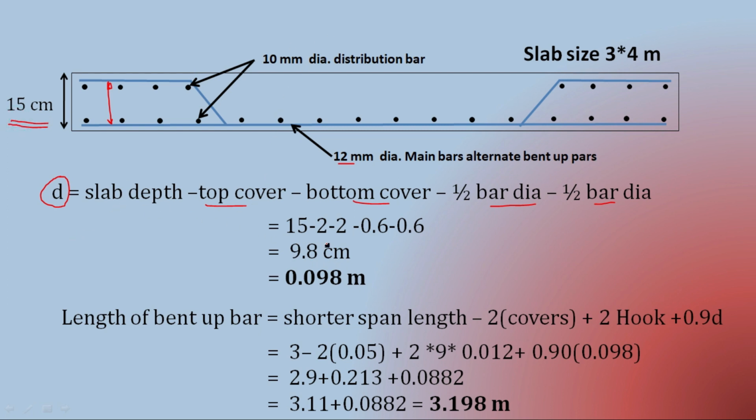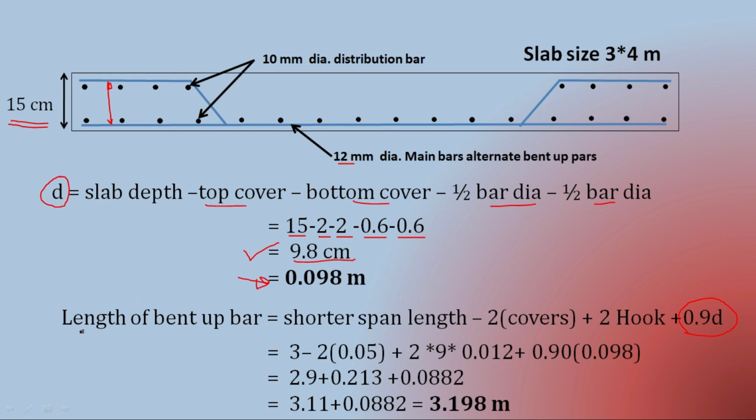So we deduct 15 cm minus top cover minus bottom cover minus 1/2 diameter of the top bar and 1/2 diameter of the bottom bar, because we want to reach up to the center. The answer we get is 9.8 cm, but all the values we have calculated in meters, and in our formula 0.9 D we need to put the value of D in meters. So we have converted that value into 0.098.